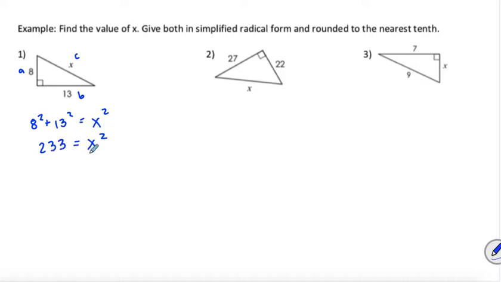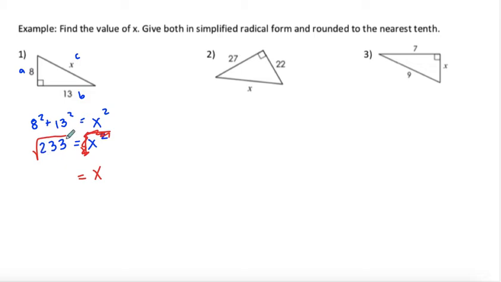This is where I need not just what x squared is, but what x is. The inverse of squaring something is square rooting, and if I do it to one side, we do it to the other. So I put in the square root, and the square root of x squared cancels, because squaring a square root comes out.